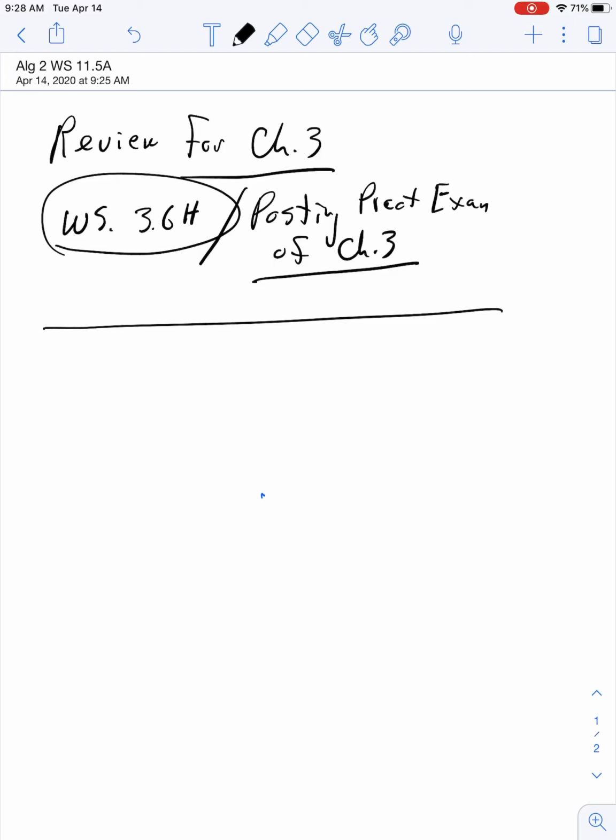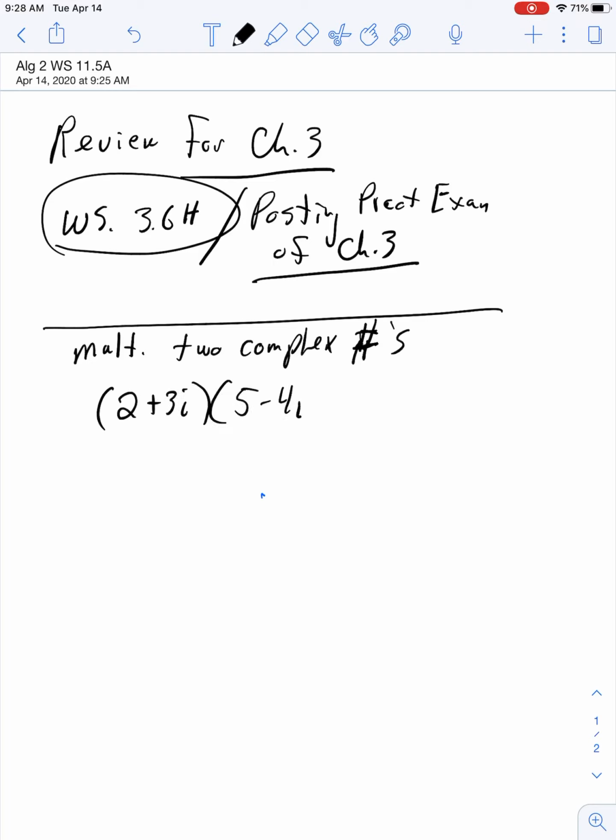So first off, let's go multiplying two complex numbers. Let's say we have 2 plus 3i and 5 minus 4i.